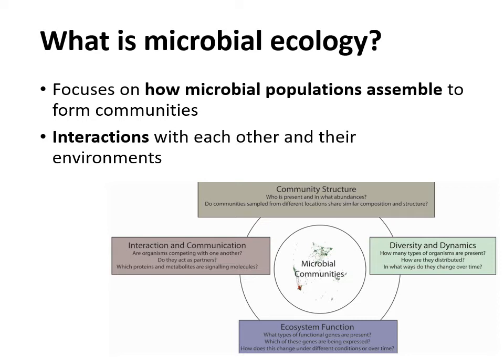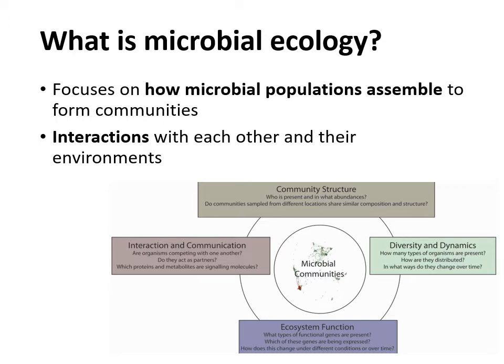Okay? And so when you look at this figure here of microbial communities and the various interactions or concepts that we can study surrounding them, the first one we're going to look at is community structure. Okay? As it says in this figure, kind of trying to figure out which microbes are present, in what abundance, and various composition and structural similarities.